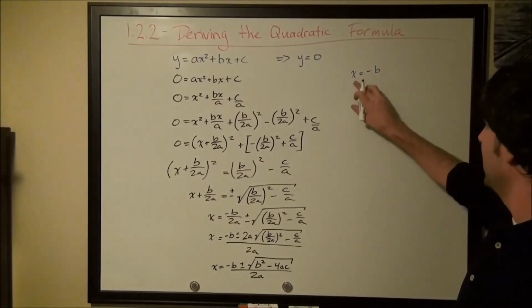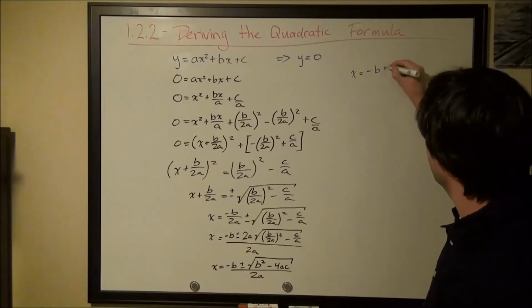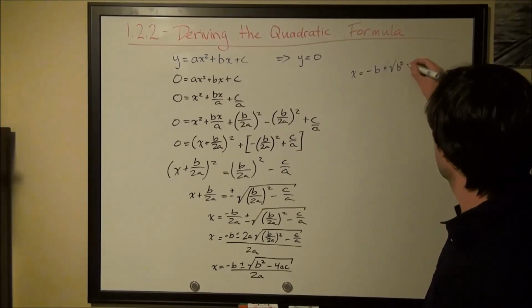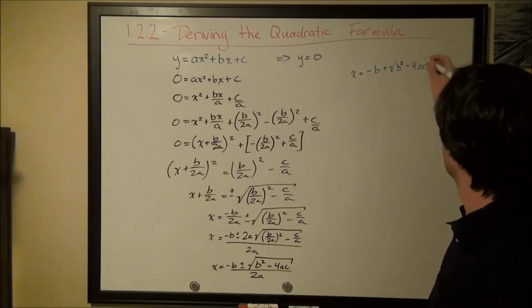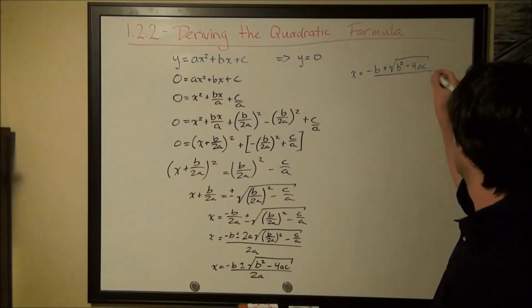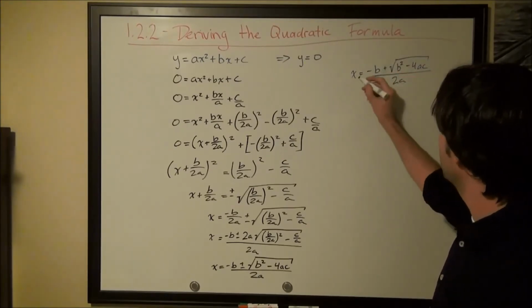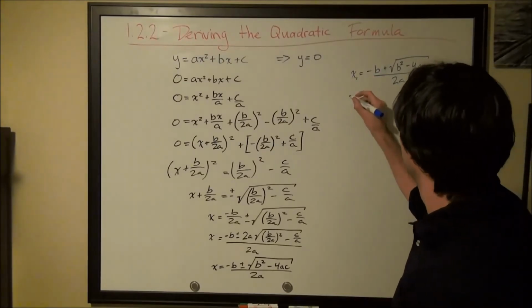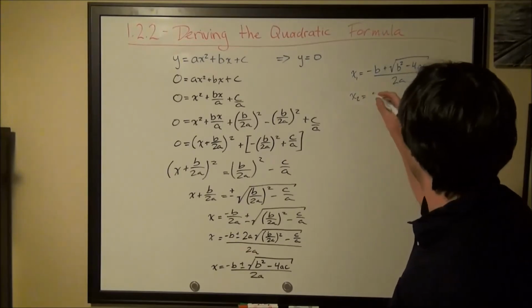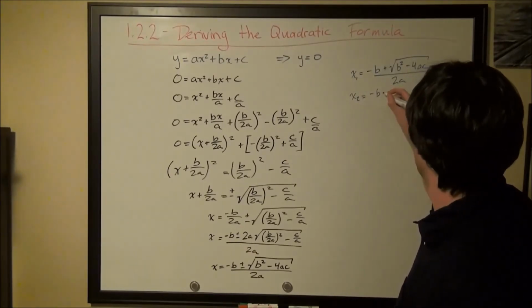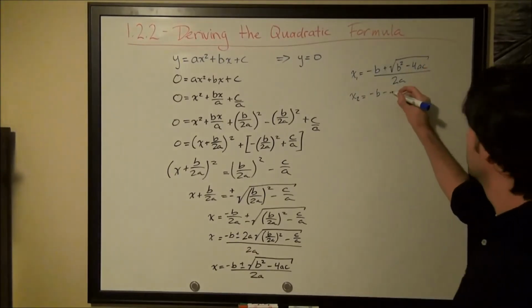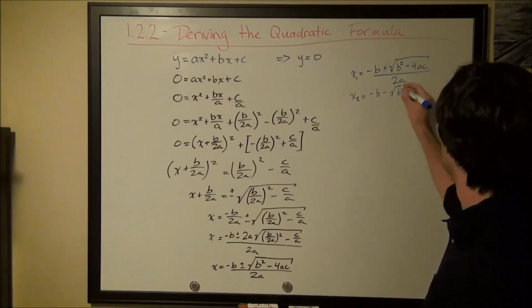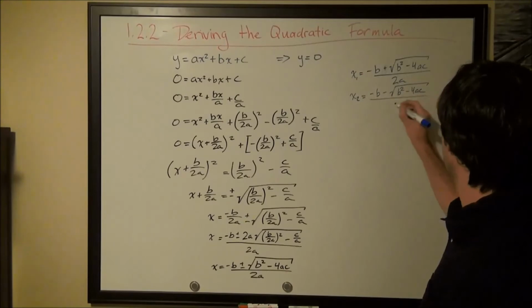So the first solution will be x is equal to minus b plus our square root term all over 2a, and we can call that solution x1. x2 will be equal to minus b minus our square root term, and all that divided by 2a.